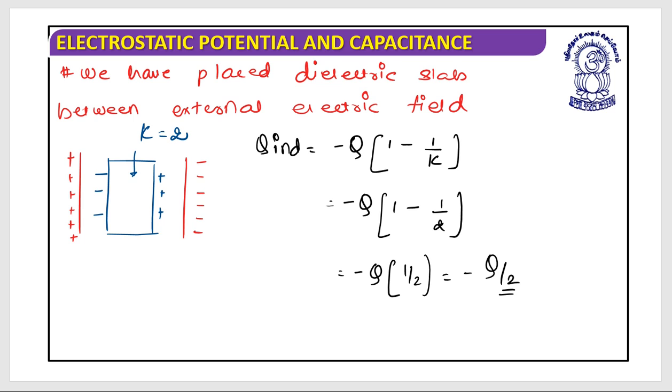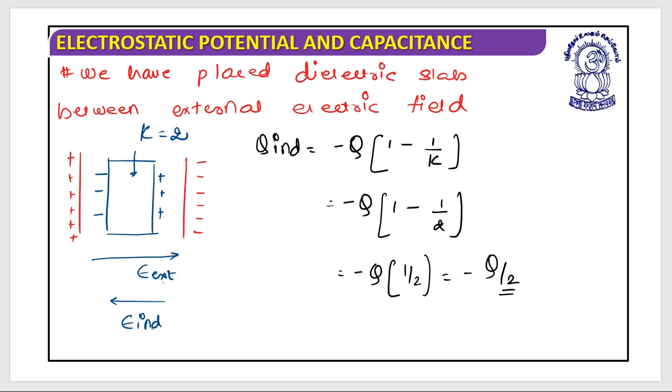So now I hope you understand that if this is the value of E external field, this should be the direction of E induced, but E external could not be equal to E induced.